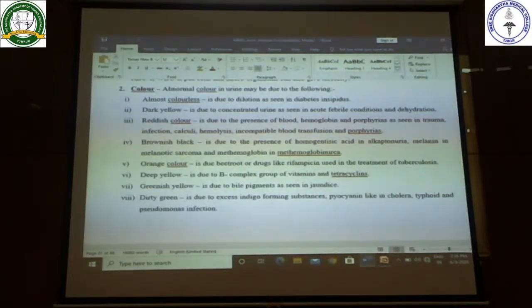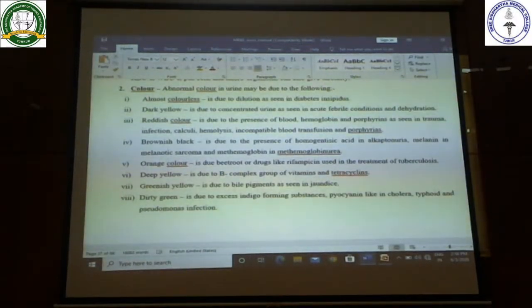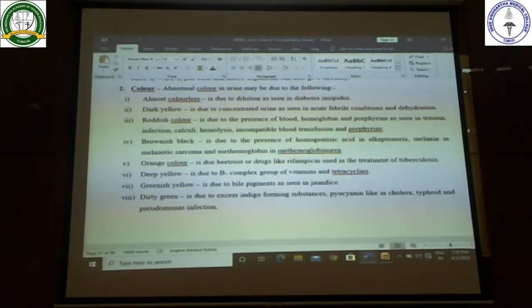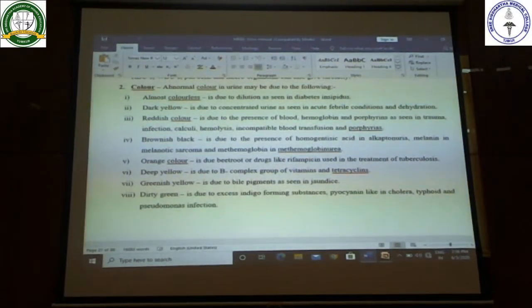Similarly in dehydration in summer, you are working excessively in the heat, there is a lot of sweating, so there is less water in the urine and it gets concentrated and comes out dark yellow.